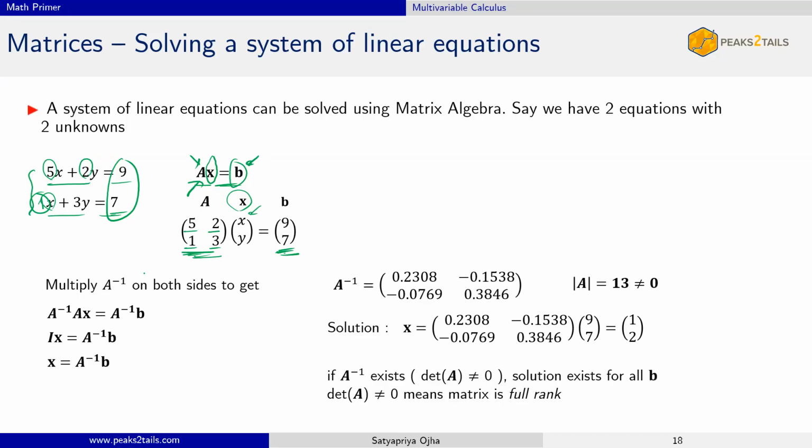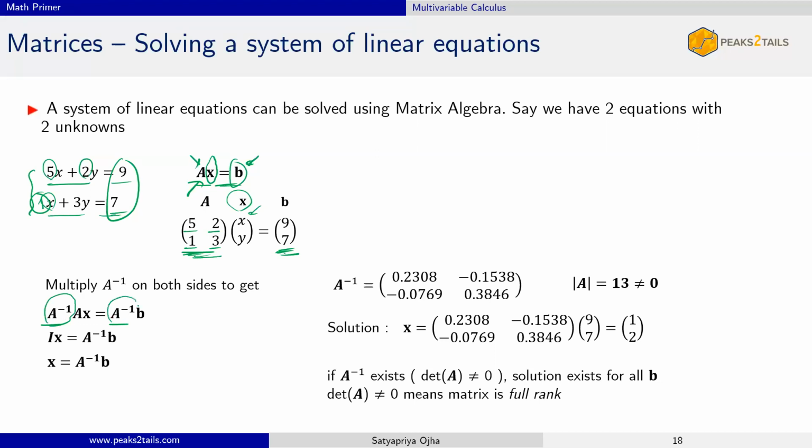It's very easy. So do one thing. Multiply A inverse on both sides. And please remember one thing. Whenever you do matrix multiplication, it is not just randomly multiplying stuff on the left-hand side, right-hand side. Order is paramount, because remember, matrix multiplication is not commutative. So we use the term pre-multiply.